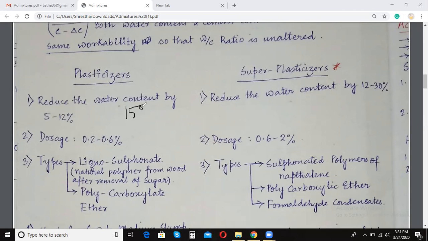Whereas super plasticizers can reduce the water content up to 30%. So basically the minimum amount of water content that can be reduced is 12%, and the water reduction can be done up to 30%.